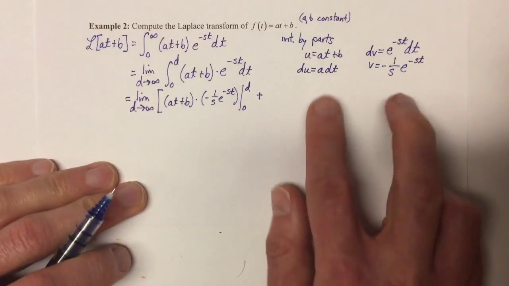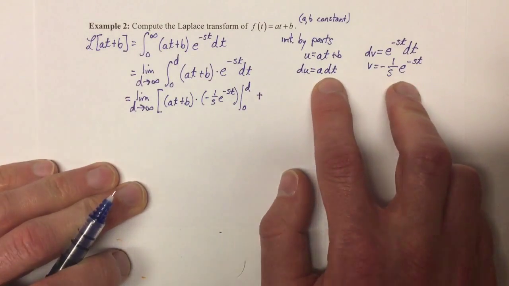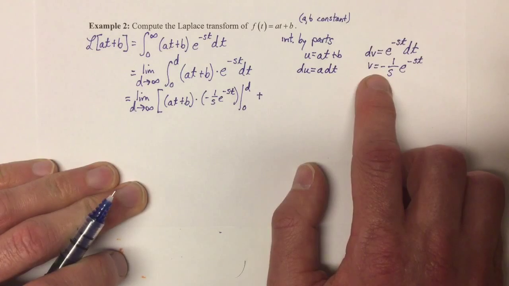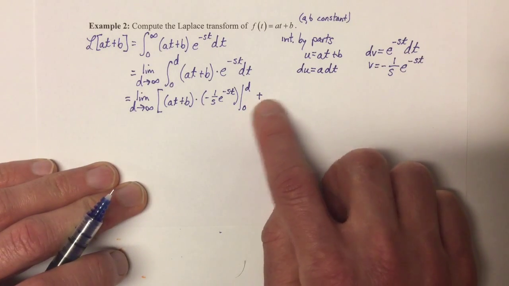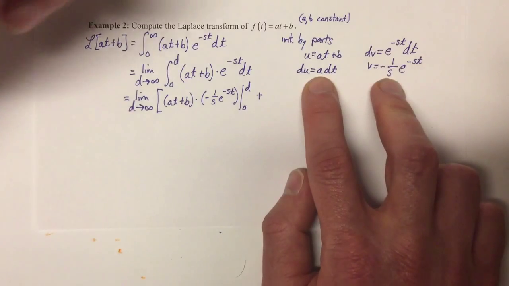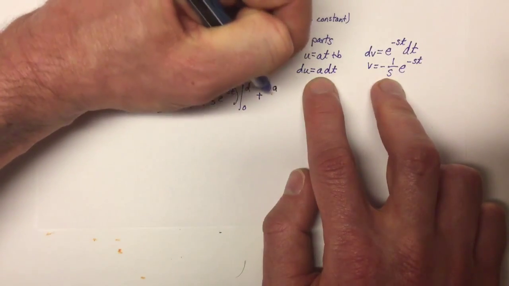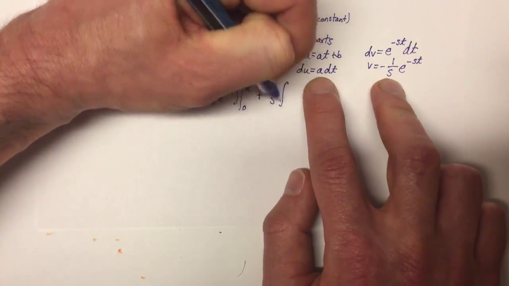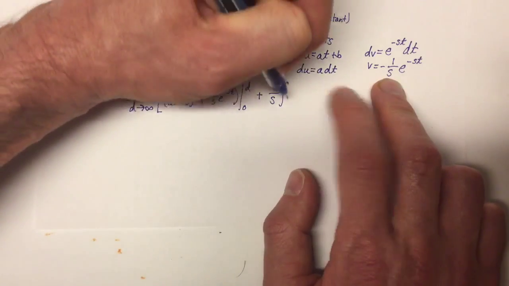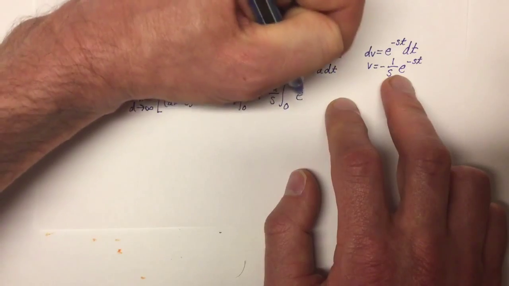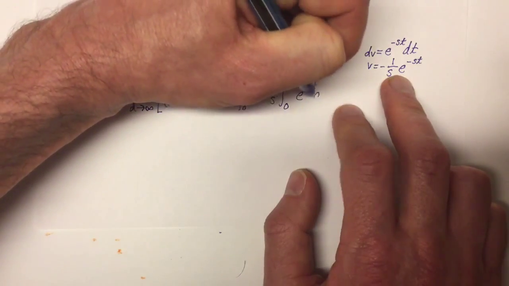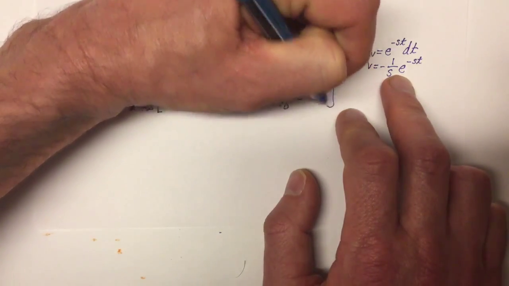And then we'll have minus an integral of v du, but since we got the negative there, we turn it to a plus. We'll have this constant a over s, so we can pull out of the integral. A over s times an integral from 0 to d of e to the minus st dt.